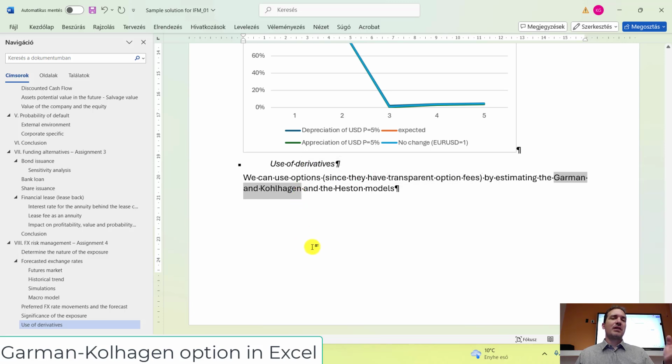So in this case we can see that. Okay, let's test. And real market-based option fees are following them.